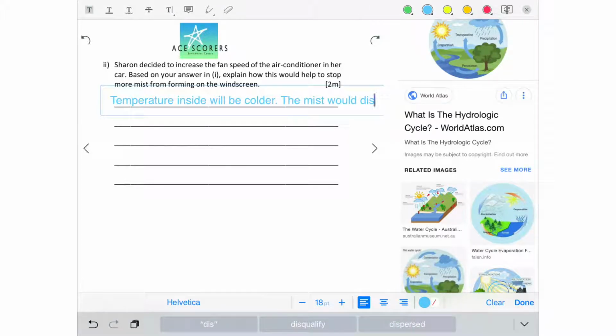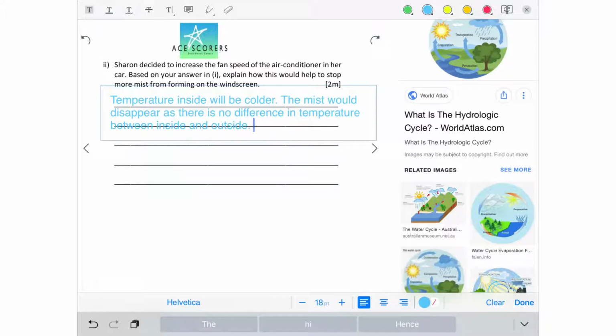How do you spell disappear? As there is no difference in temperature between inside and outside. Okay? So because there's no difference in temperature, you're not going to see condensation happening.